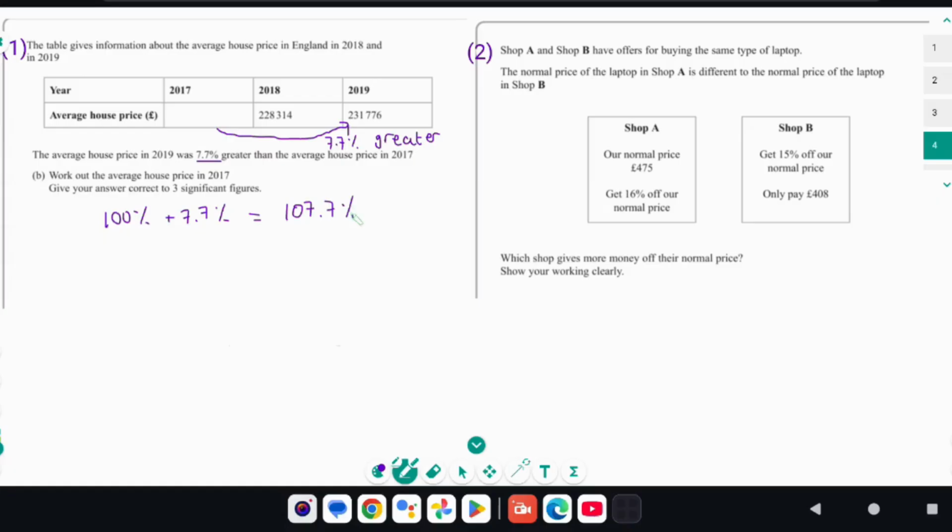Add 7.7% is 107.7%. Let's divide that by 100 to change it into a multiplier, 1.077. So we know the original amount times 1.077 gives us 231,776. We need to work out x, so let's divide both sides by 1.077.